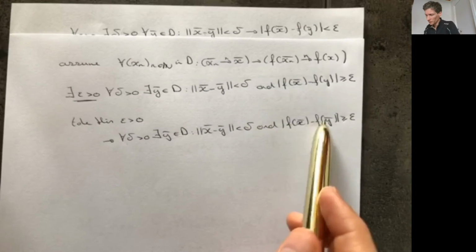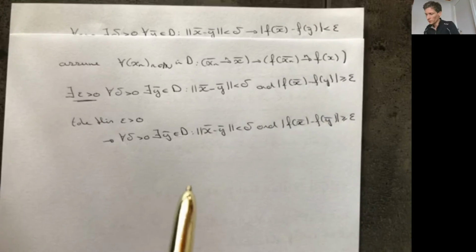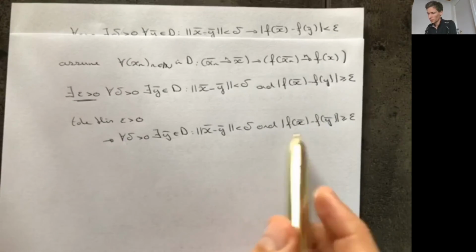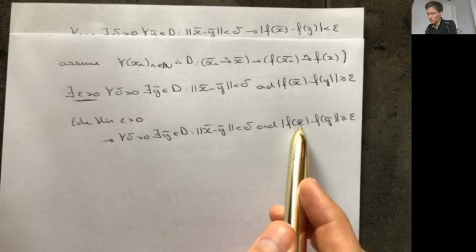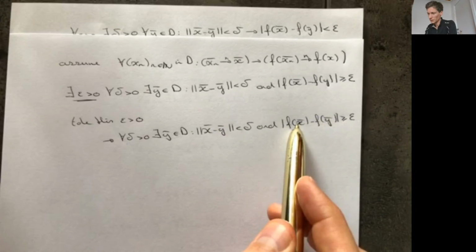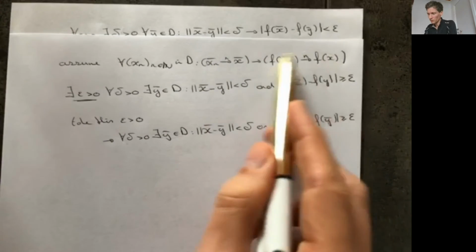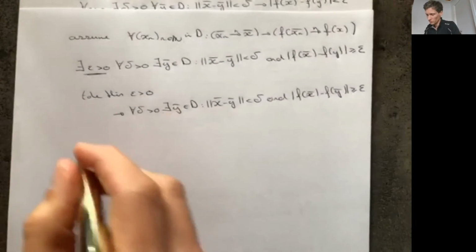And because f x minus f y is greater or equal to epsilon, the function values will not be able to converge to each other, right? Because the distance from f of x will always be epsilon far away. f of yn will also always be epsilon far away from f of x. However, this condition here requires that the two have to converge to each other, so this will give us the contradiction.